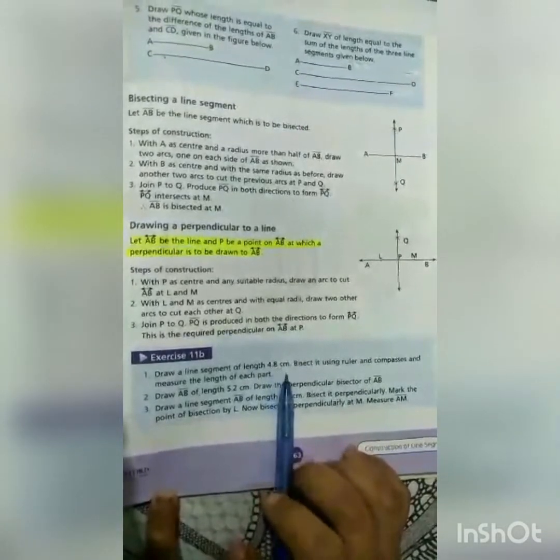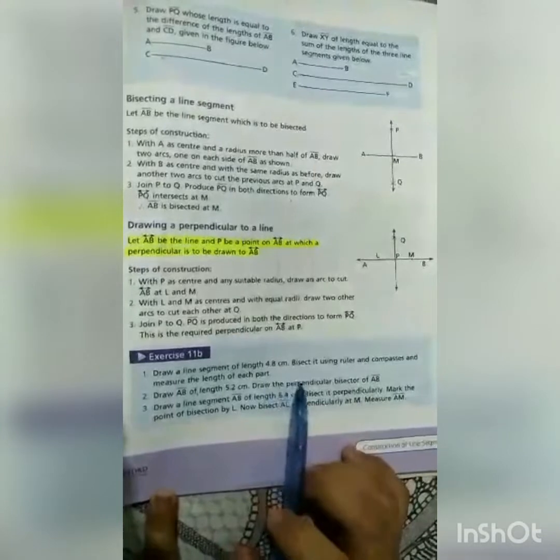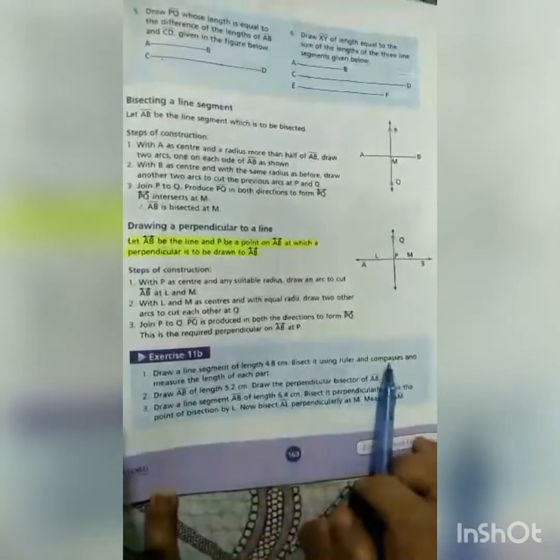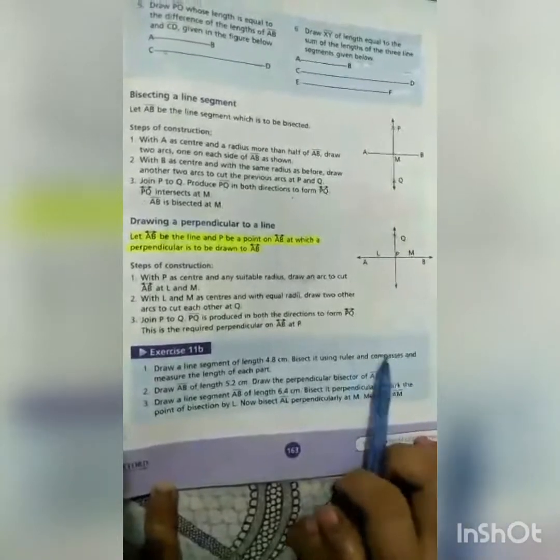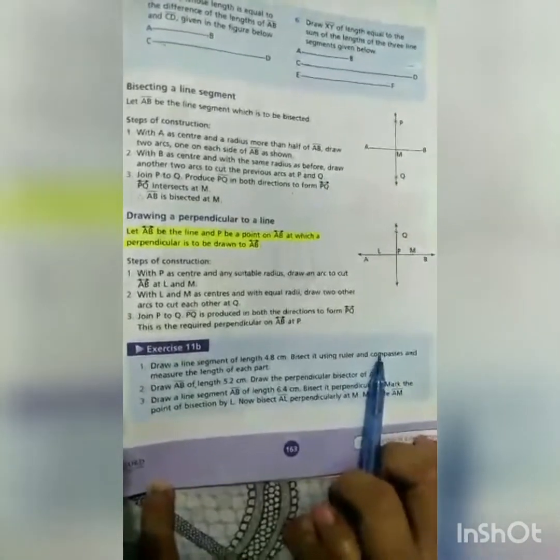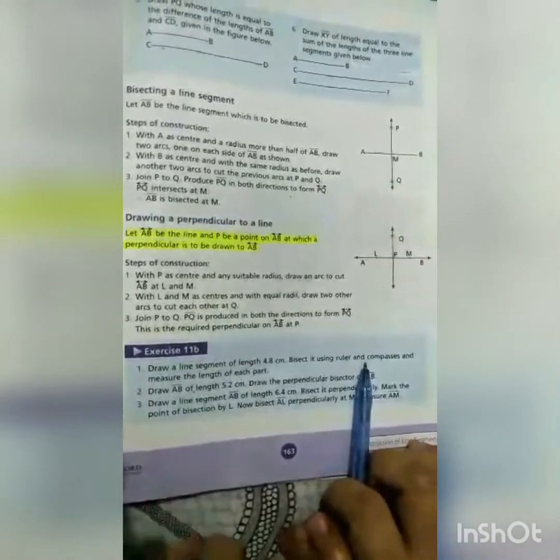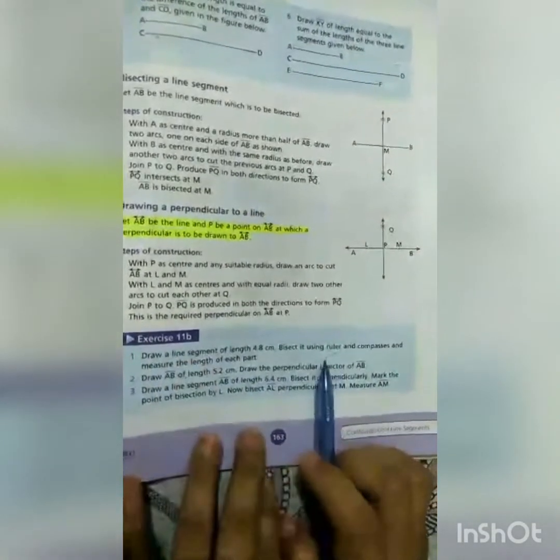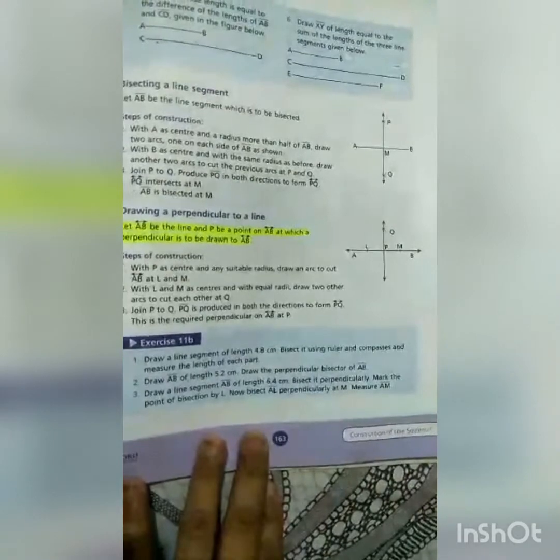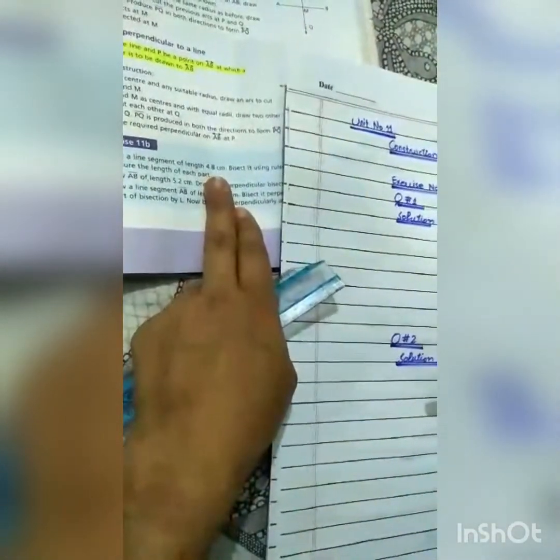Then we will divide that line into two parts by using compass and ruler. At the last step we will measure the length of these two parts. Okay, students, now we will draw a line segment of 4.8 cm.